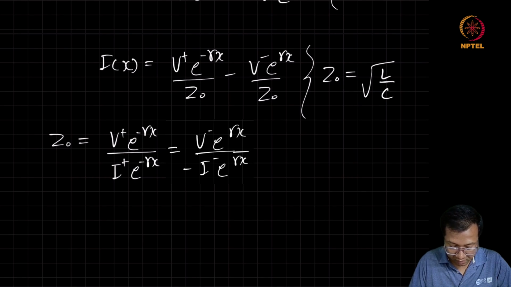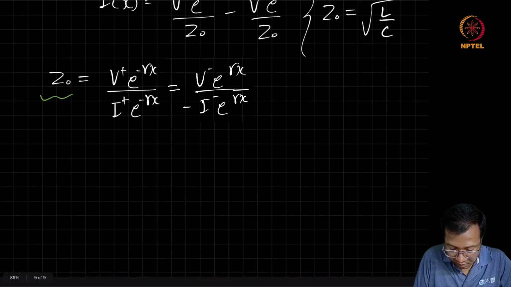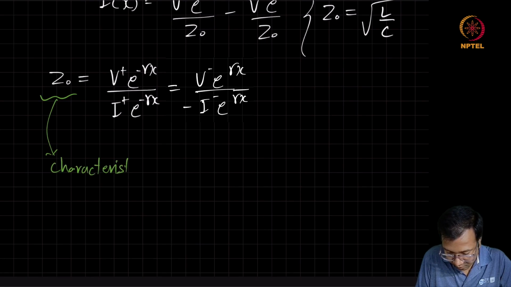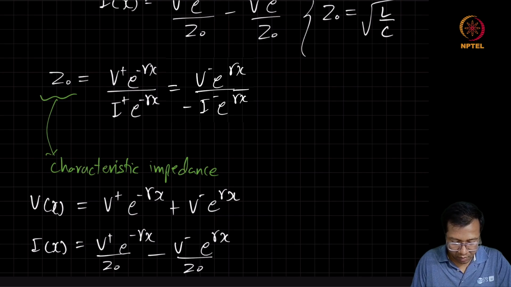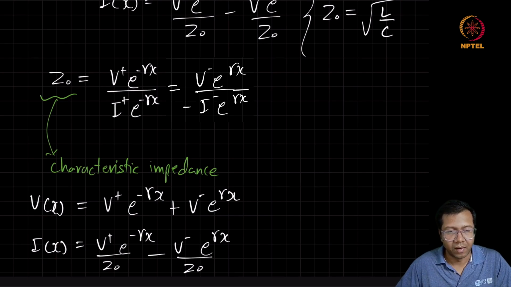This is also called the characteristic impedance. This kind of modeling of voltage and current on an electric line is also called transmission line modeling.